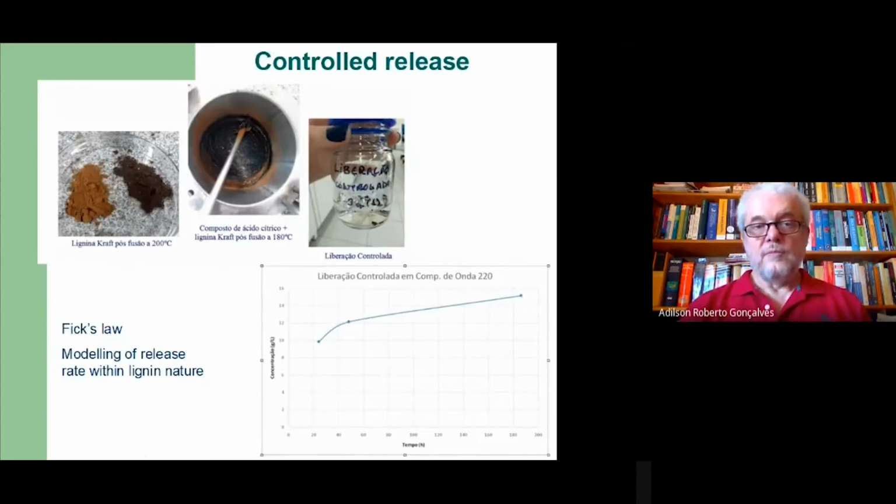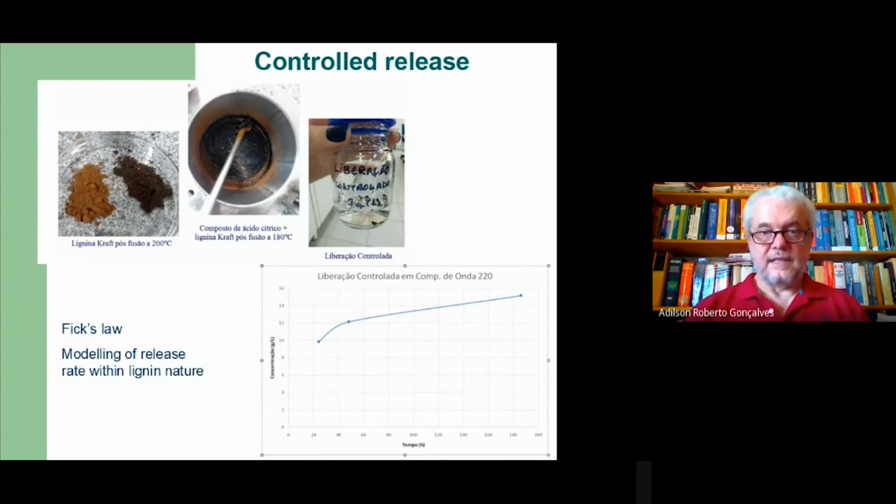Moving to the utilization of the lignin, the first parameter evaluated was the controlled release of some substance mixed with lignin, with lignin used here as a matrix for this controlled release formulation. Here we can see some aspects of the lignin in a diffusion, with the dark aspect of this mixture, which is then put in water to make the solution.